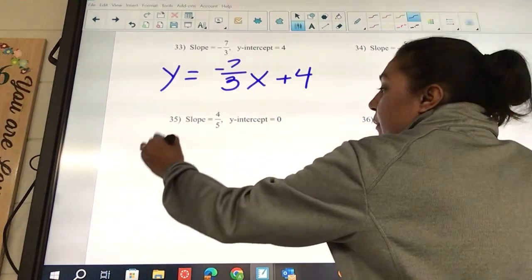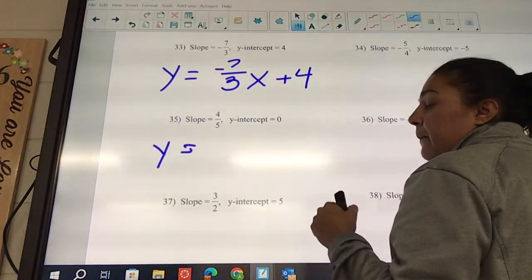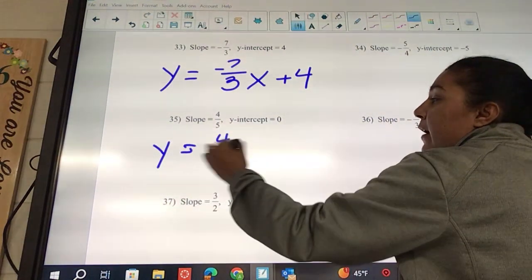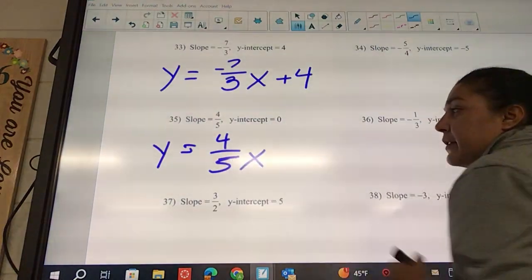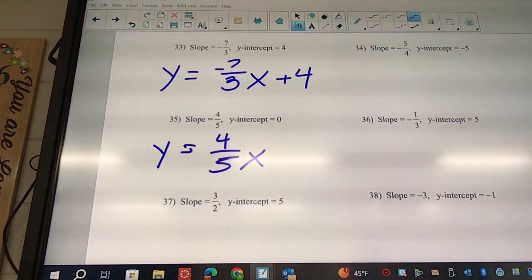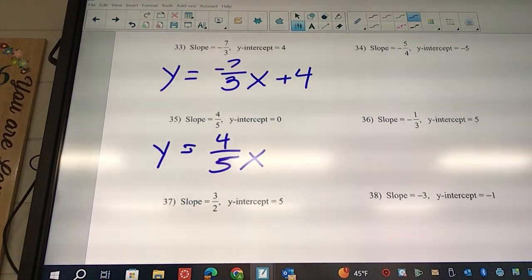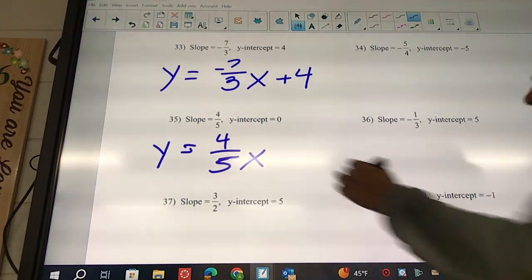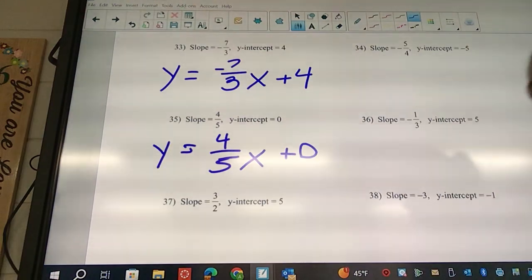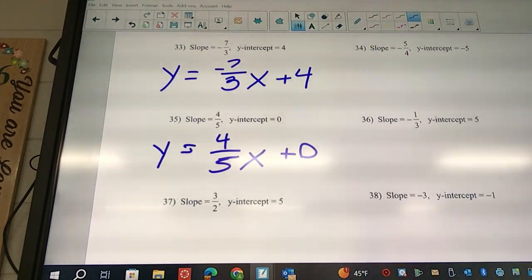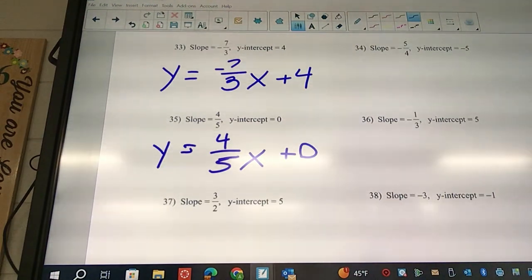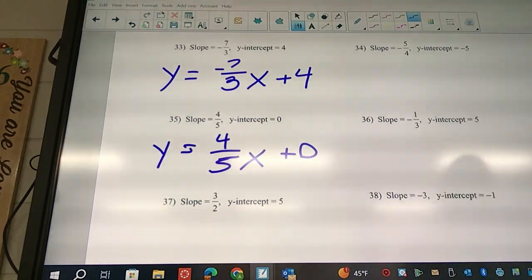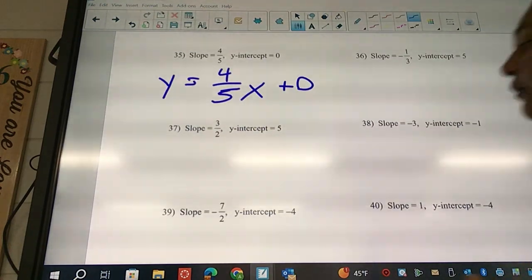35 is gonna be y equals what? 4/5. X, what's my b? +0. I'm not that picky. Most teachers would say you leave it like that. If you wanna write the +0, have at it, but you don't need to. If you write the +0, that's not really the proper way, but there's bigger fish to fry in the world.